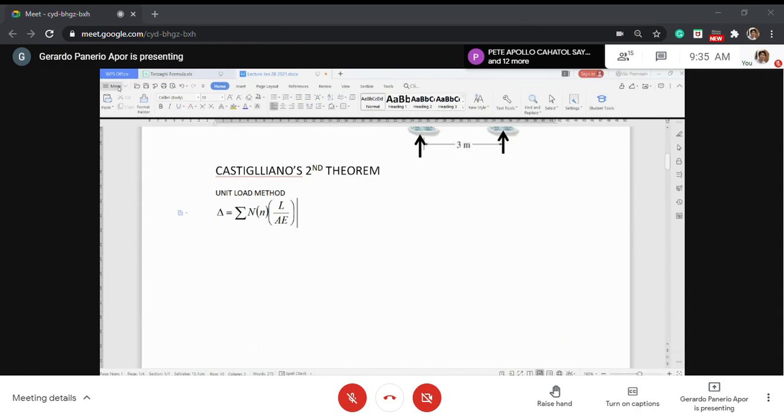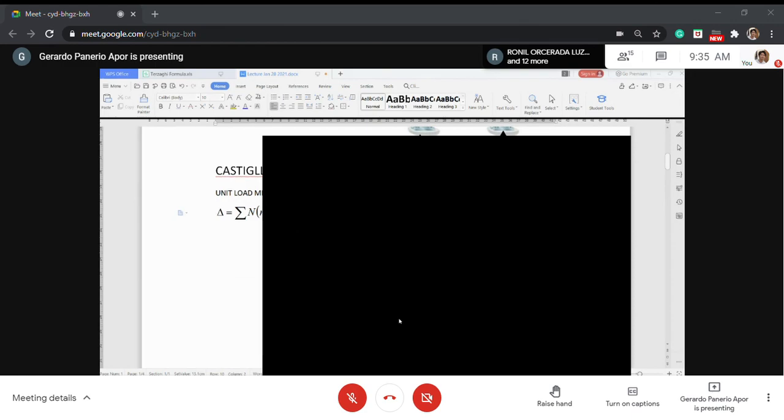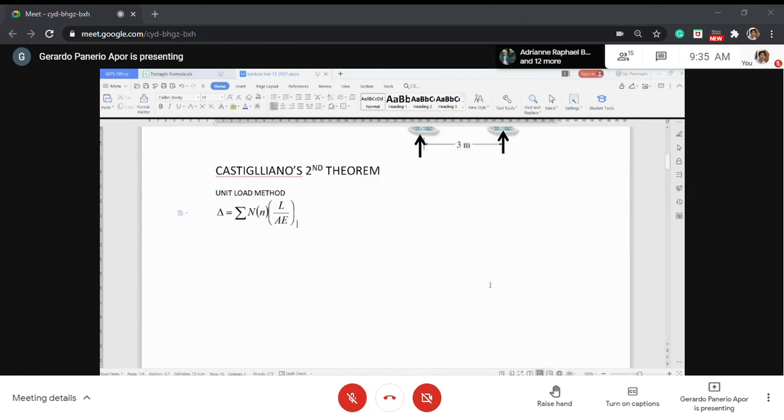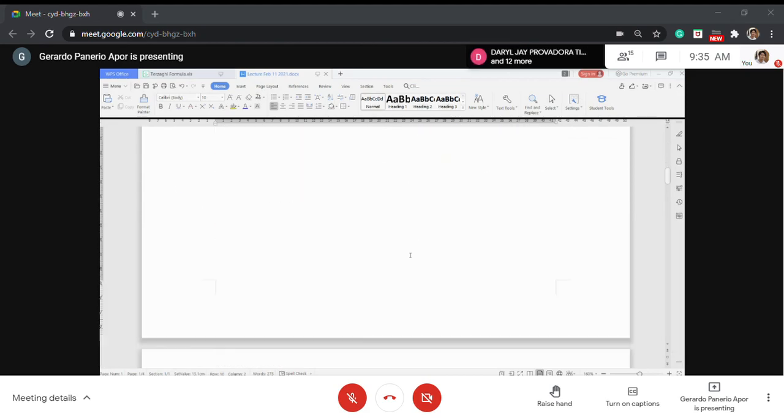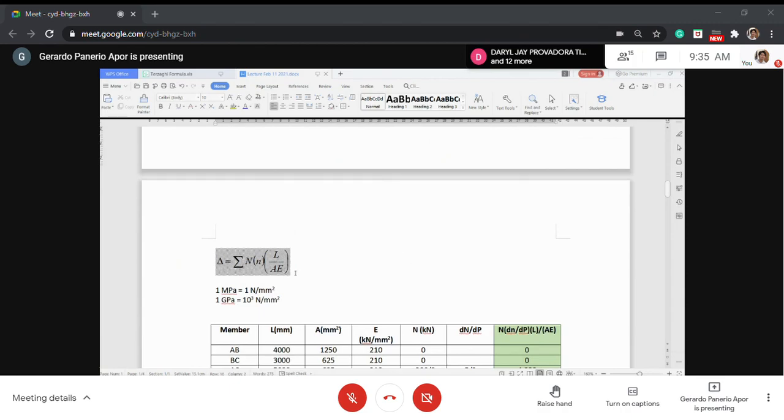Okay. So I will save this as lecture Grade 11, 2021. Okay. So we have the unit load method. So find the horizontal displacement of the joint of the steel truss. Okay, so basically what we are going to do is we still prepare the same table, no?